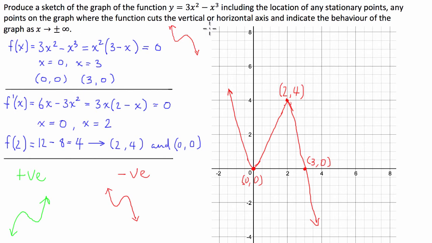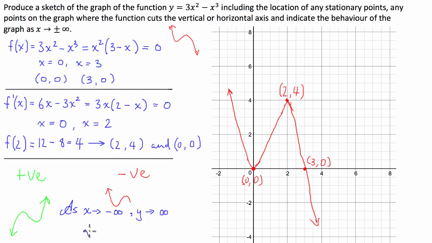Finally, to finish this question off, we have to indicate the behaviour of the graph as x approaches positive or negative infinity. So for a negative cubic, we can write this down. As x approaches negative infinity, you can see that as we go this way, y is going to approach positive infinity.